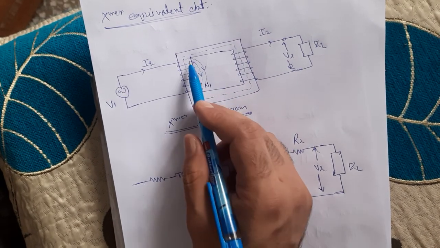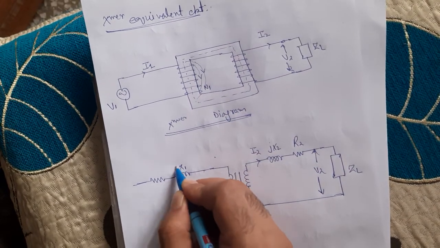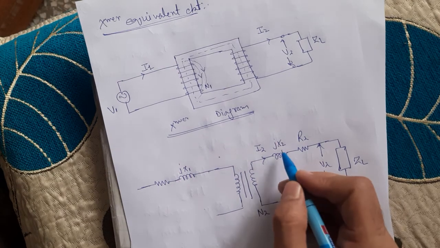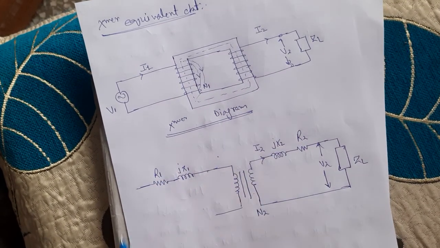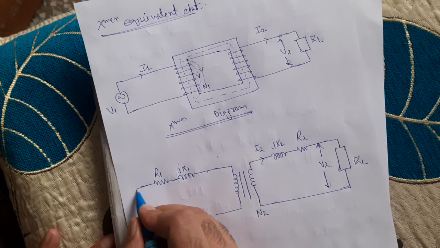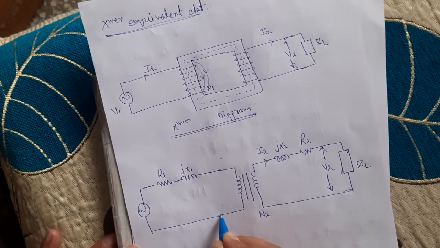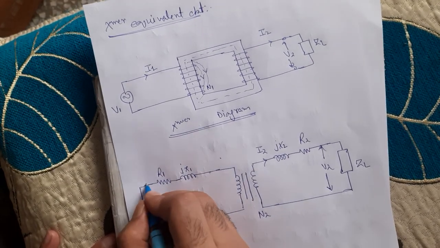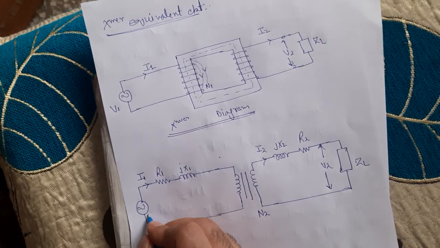That reactance is shown here as jX1 in the primary, similarly in the secondary, and the resistance of this winding is represented by R1. 1 means primary, 2 means secondary, and I have an AC source here. Got it? So here again some current I1 is flowing. This is my V1.